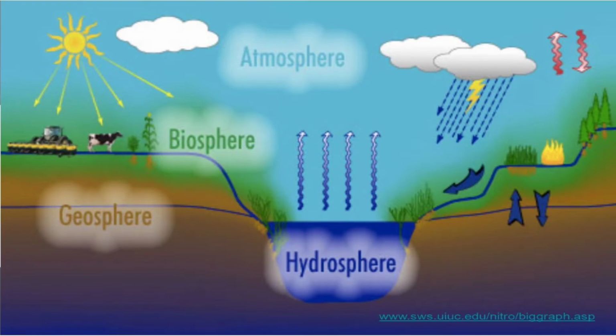Epirogenetic forces act as, number one, upward movement, and second, downward movement in the earth's surface. Upward movement is called emergence and downward movement is called submergence.